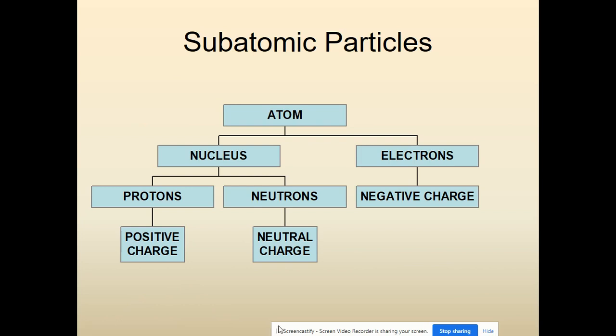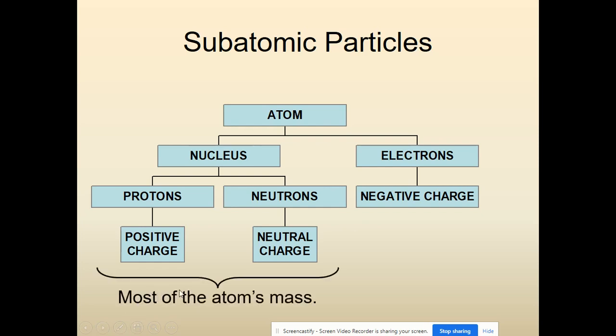Okay, so the atom is composed, like I said, of the nucleus, which has the protons and neutrons. Protons are positive. Think about P for positive. Neutrons are neutral. Think of N for neutral. Electrons have a negative charge, and they are obviously in the cloud outside the nucleus.